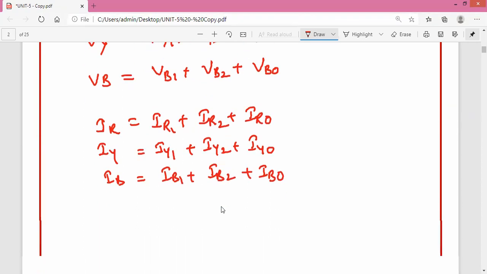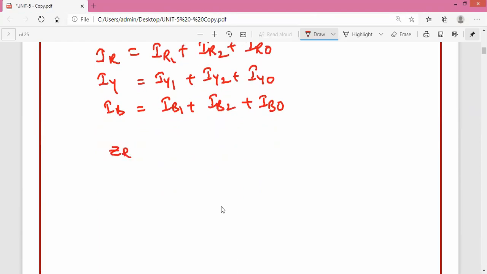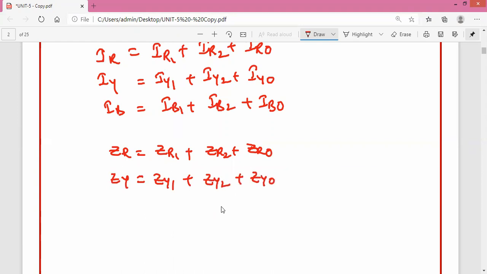So this is for current representation, and impedance representation you can also write like ZR1, ZR2 plus ZR0, and for Y phase impedance, each unbalanced parameter I am representing with a set of balanced parameters. ZB is equal to ZB1 plus ZB2 plus ZB0.